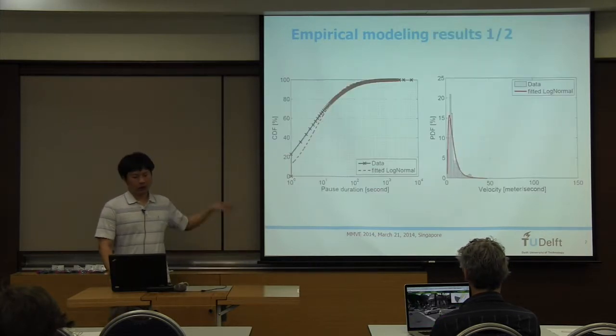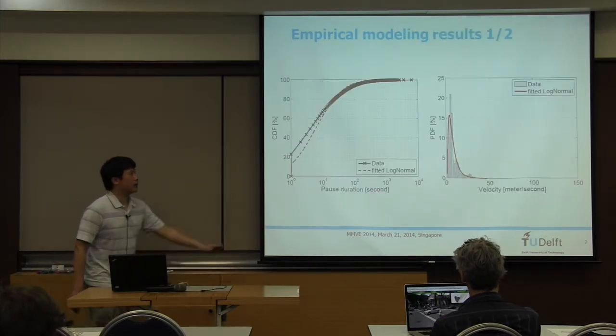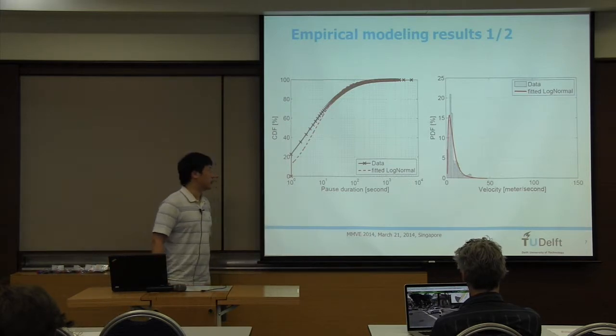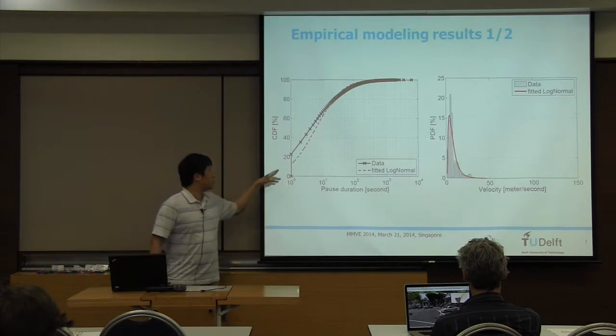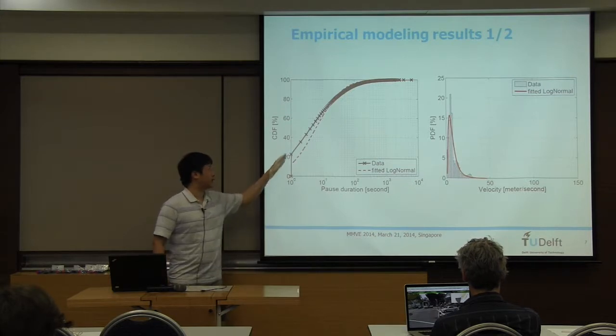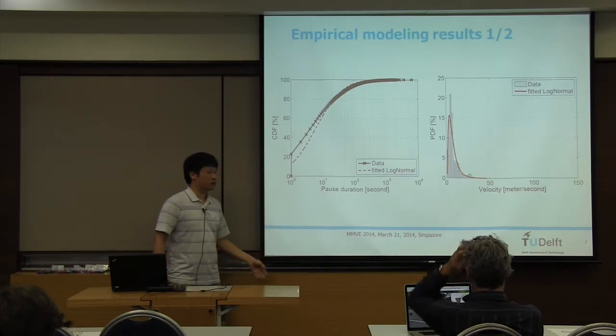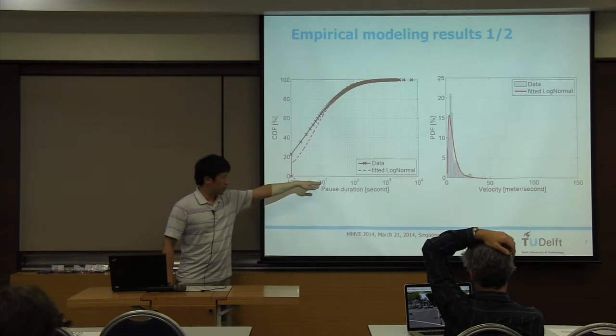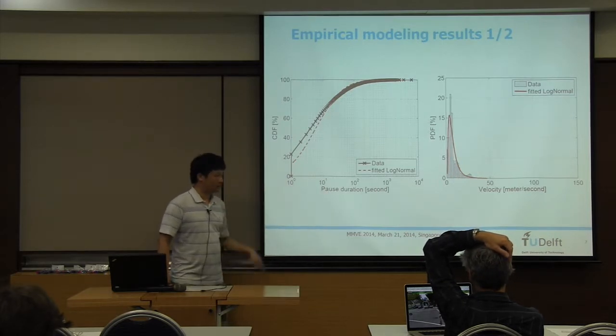Here I only show the empirical modeling results. The left part shows the result for the pause duration, and the right part shows the result for the velocity. The black line is the original data, while the red line is the fitted distribution. In this one, I plot the result for the normal distribution.